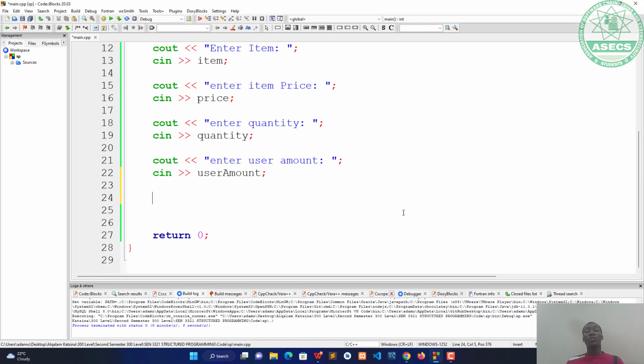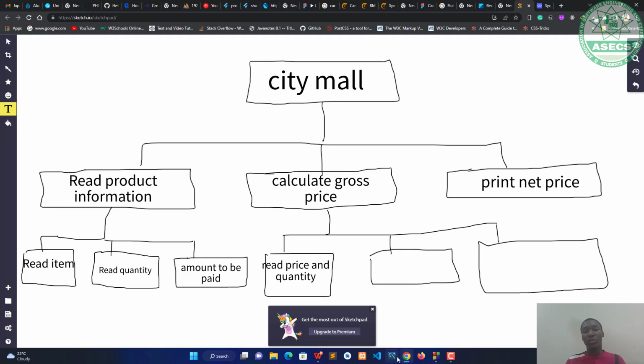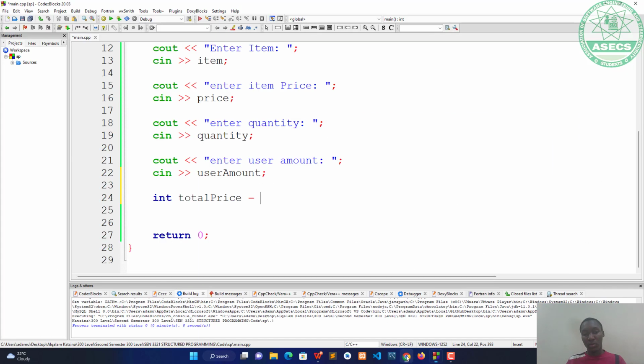Alright, now over here we want to multiply the price and the quantity. So now it should be what? We should create a variable called what? Total price equals, or should we call it gross price? That is what we will do here. Calculate gross price. We take price and quantity and multiply them. So let me call it gross price.